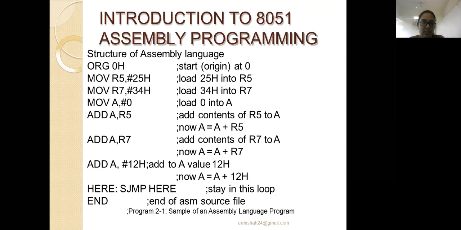Once the originating address is predefined, then we can start writing our program. So here the program is written for moving some data into some register and then some addition operation is performed, and that addition operation is performed many times until the loop is over. So the last instruction is for looping, which we will see further.